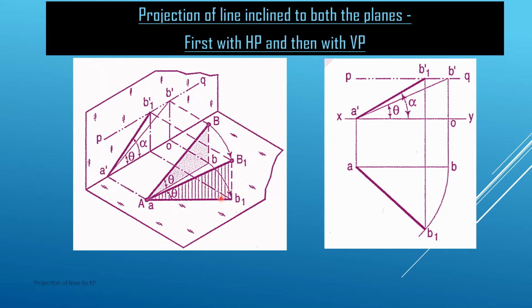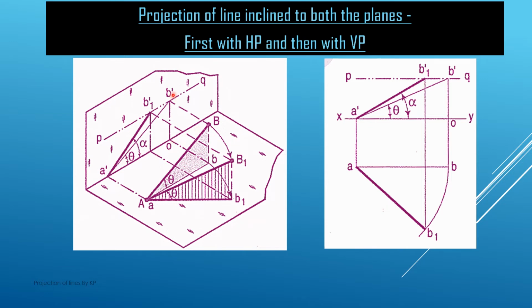Now we can project this point B1 on the vertical plane, and this projection comes out to be B1 dash. This PQ is the locus line along which this point B1 moves to its new position B1 dash. As you see in this case, as this point B moves to B1, its projection reaches that position at the same height from the XY line.